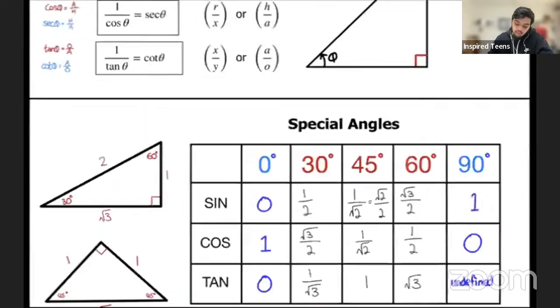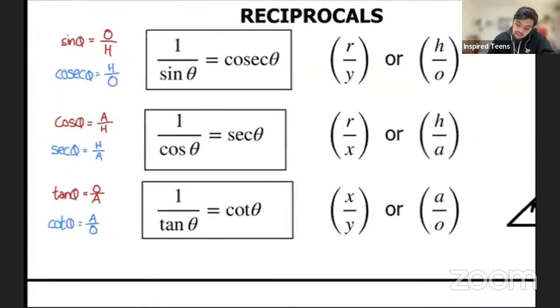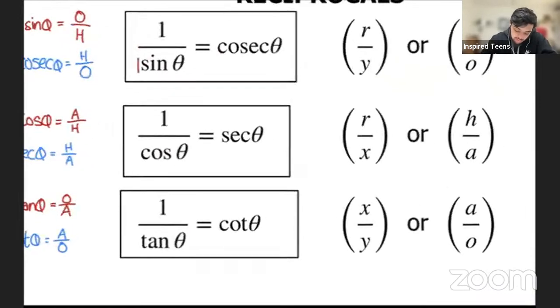Actually, quickly, before we continue, I just wanted to identify a quick way of remembering which reciprocal belongs to which trig function. It's always the third letter of the reciprocal that matches the first letter of the actual trig function.